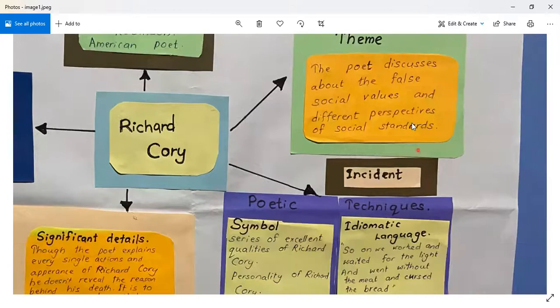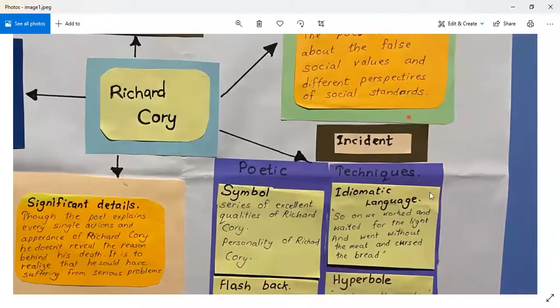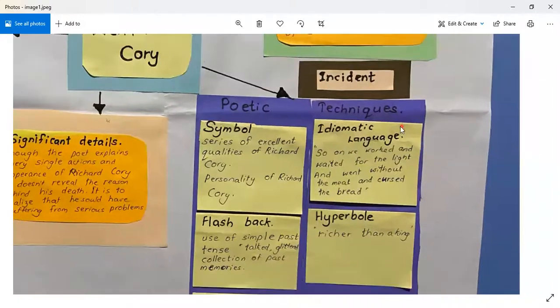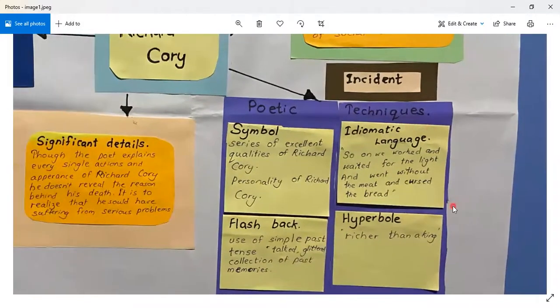Then when you get the theme, you want to know about the incident of the poem. Here we roughly discussed the incident. When you know the incident and write your answer, you want a clear idea about the poetic devices, what types of techniques are there. Here, the poet uses symbol, because there you can see a series of excellent qualities of Richard Cory.